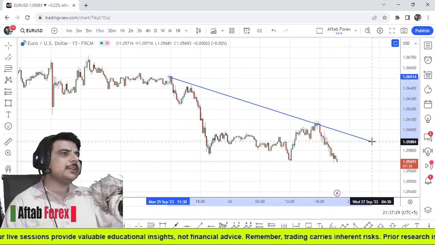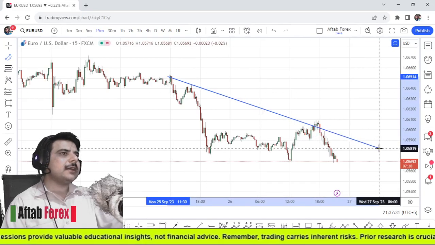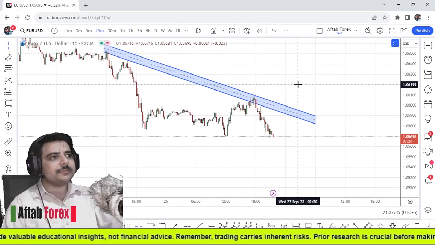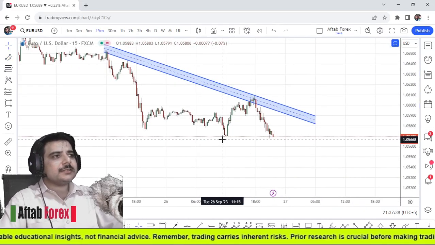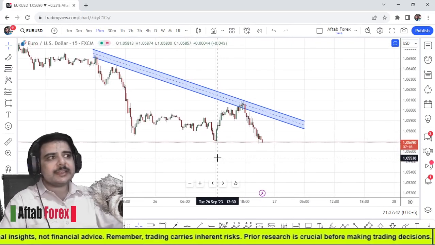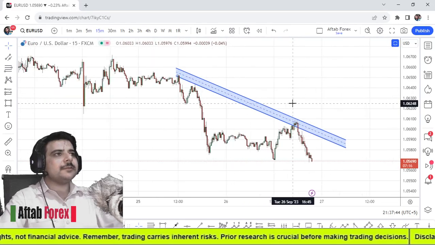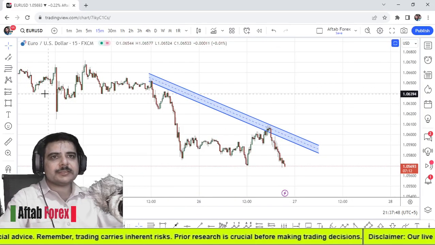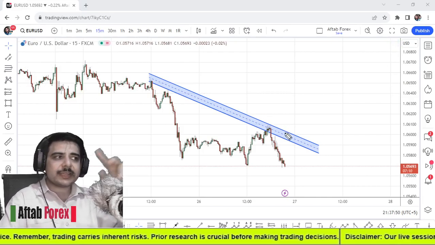It even took a rejection right here as well. Since this support is also broken, it is clearly in a downward trend, and tomorrow there will be two trade opportunities. If one hits the SL, you can take another one.